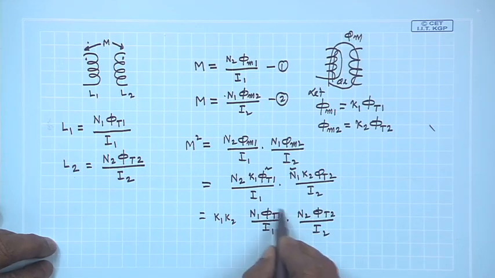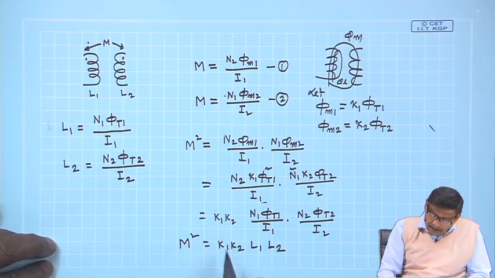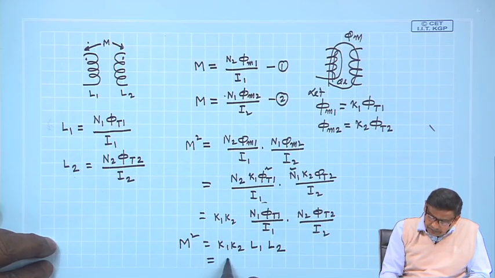But this is nothing but self inductance. So, K1 K2 into L1 and L2. This is L1 and this term is L2. So, M squared is this one, and this K1 into K2 is called the coefficient of coupling.